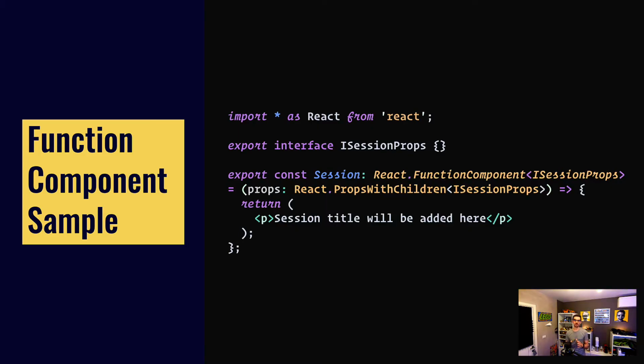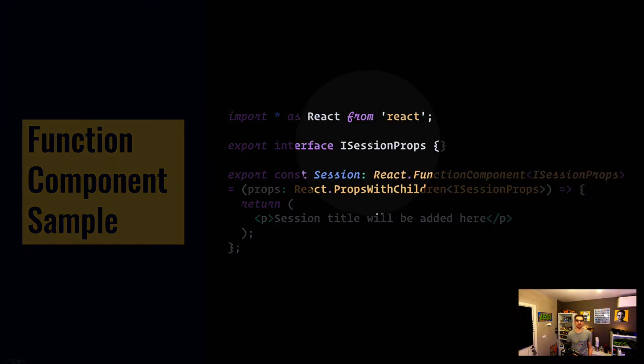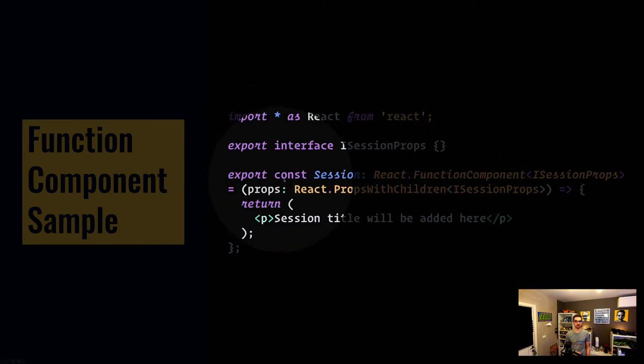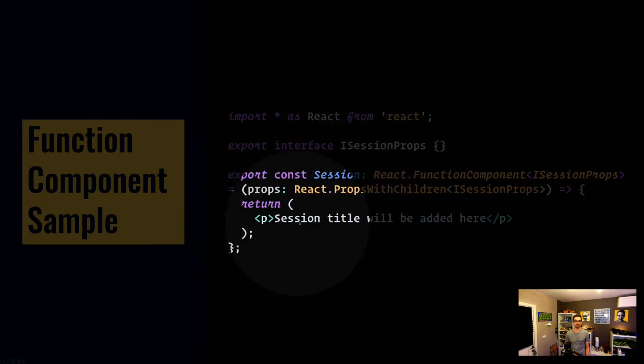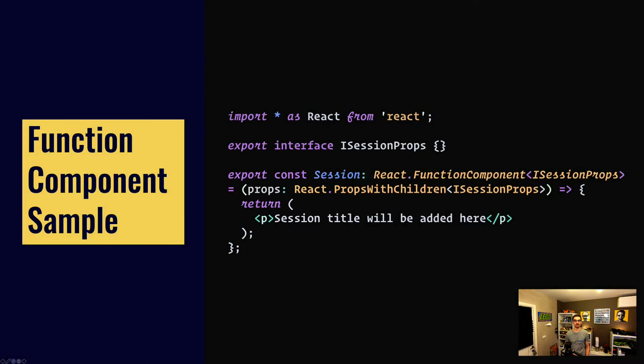So a function component sample, if we're not yet talking about the state, looks like this. It's a very simple thing. You import React, and an interface if you want to have an interface, and over here I specify Session as my component name, and the only thing that it does is it returns.